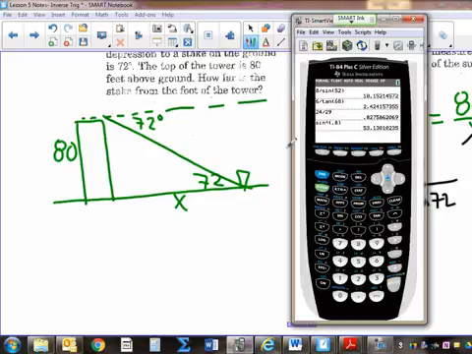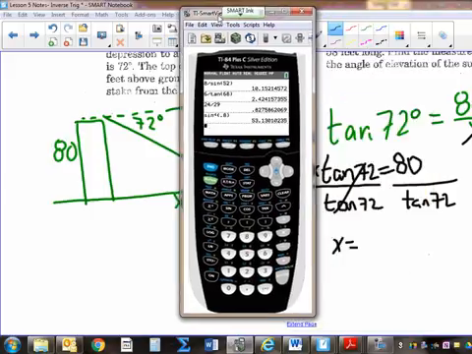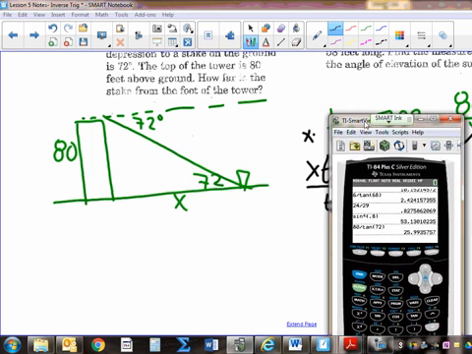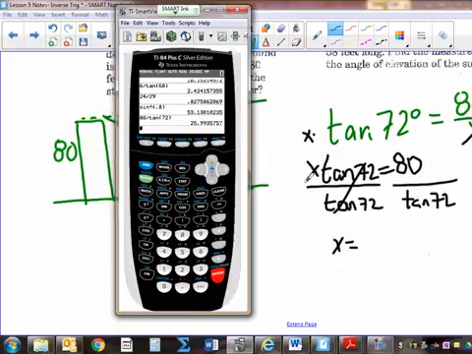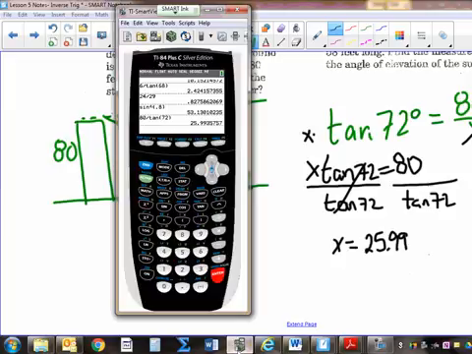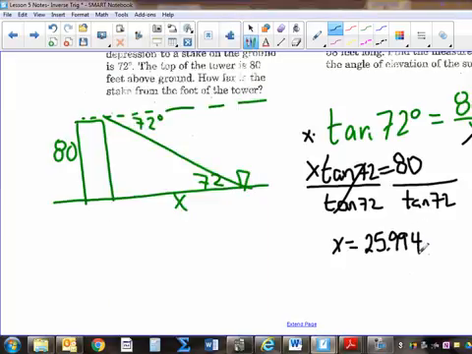Let's figure out what that actually is. 80 divided by tangent of 72. I didn't specify how much to round to, so we go to 3 decimal places. 25.994. And we are dealing with feet.